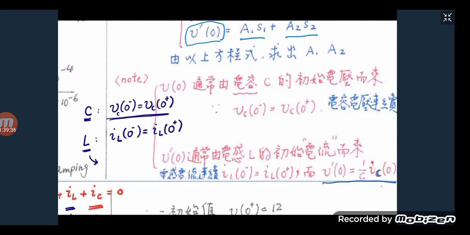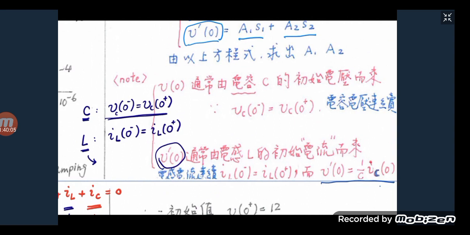Because we need v prime 0. I think it's still about C. Okay, maybe we start here.